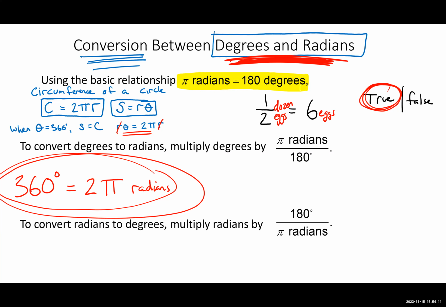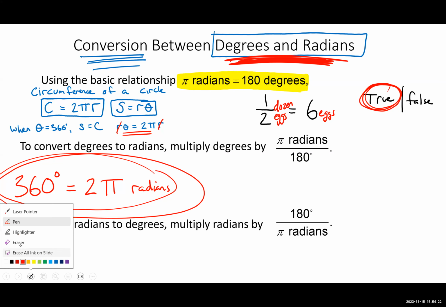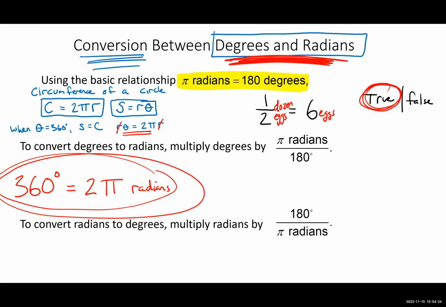Or we could say half. Let me just write this in here. Pi radians is a half circle, a half of a circular rotation. 180 degrees is a half of a circle, half of a circular rotation.